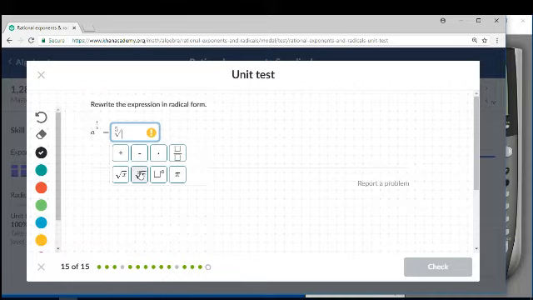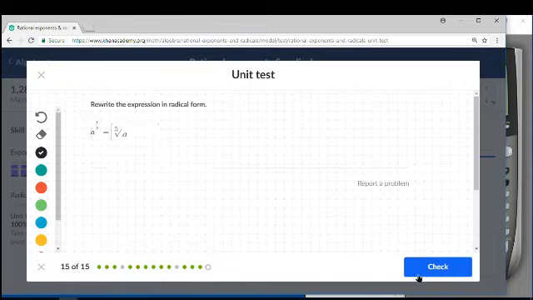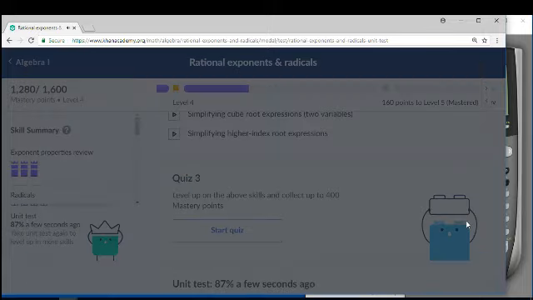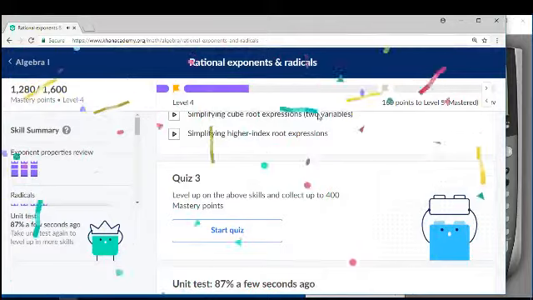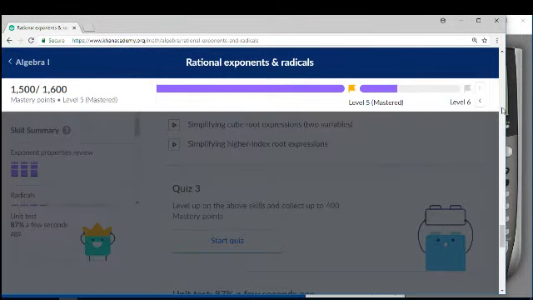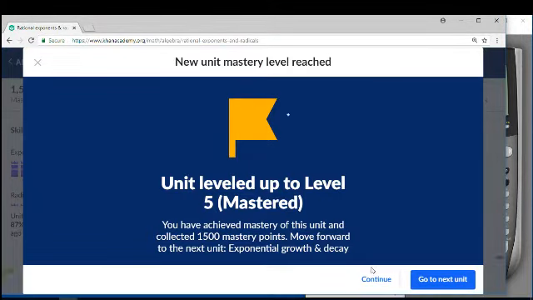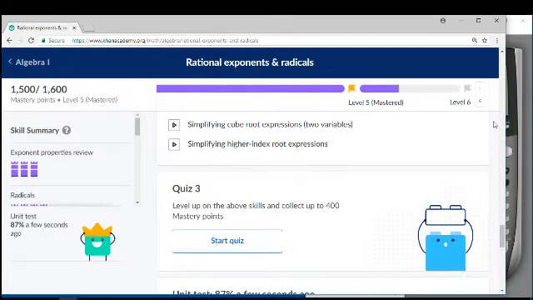Fifth root of a. All right. Okay, so once again, I made 3 mistakes over those 3 unit tests. So that can still get you to mastered.